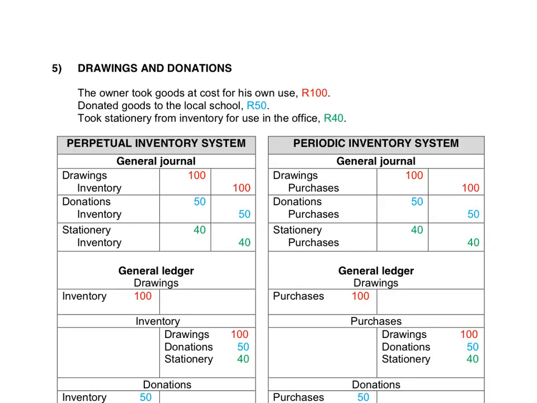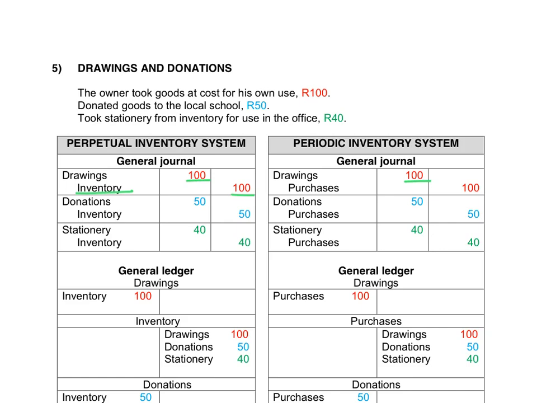Drawings and donations. The owner took goods at cost for his own use, so drawings will be debited. In the perpetual system, inventory will be credited because we want to reduce the asset inventory and show that we have less inventory available to sell to make a profit.